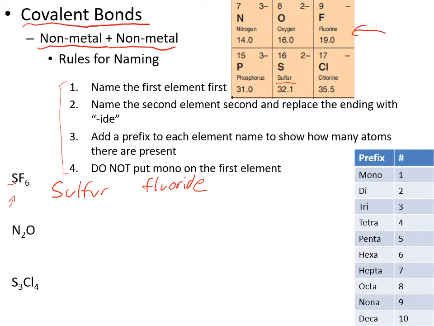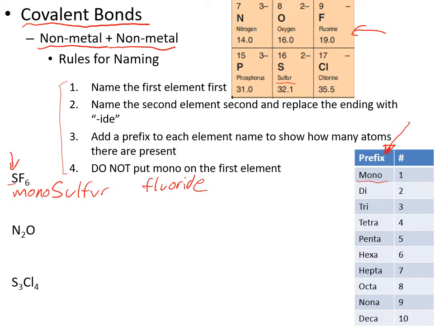Now we have to add a prefix to each element to show how many atoms are present. The prefix comes before a word. For sulfur, there is 1 sulfur, and 1 is mono, so this would be monosulfur.